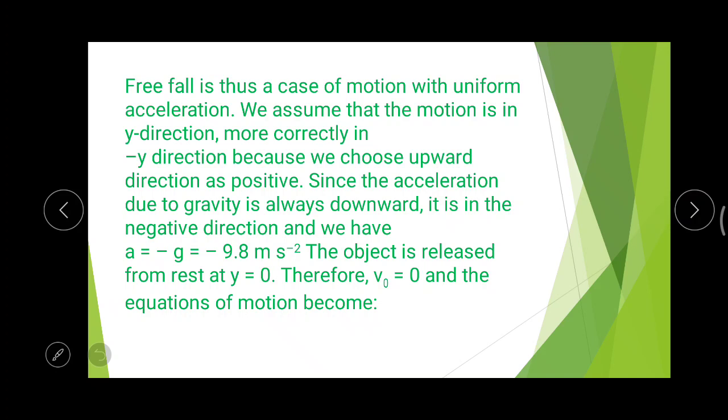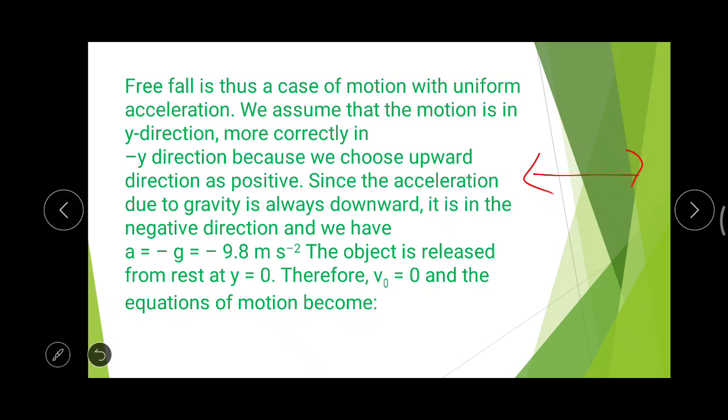Now, we can say the free fall is actually a motion with a uniform acceleration, and the acceleration value is g. And one more thing, the acceleration is acting downwards, isn't it? So as we know, the positive x direction is towards the right side, negative x direction towards the left side.